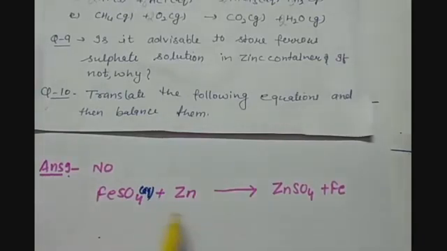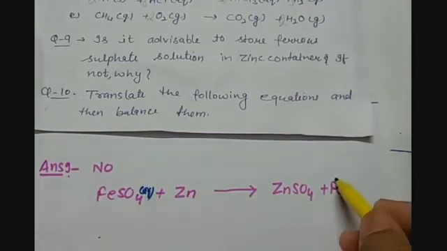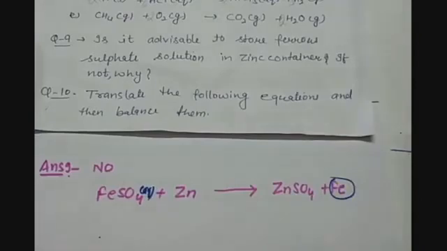So this will be a displacement reaction in which one element will displace the less reactive element of the compound, and that forms a solution. So zinc sulfate is formed and iron is getting displaced. That is why it is not advisable to keep the ferrous sulfate solution in a zinc container.